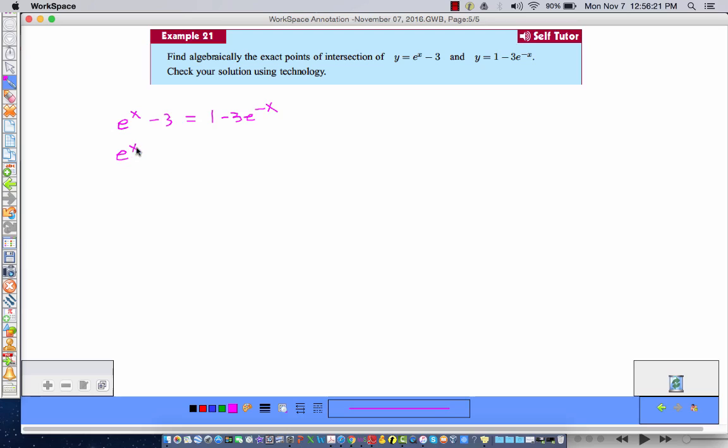So e to the x minus 3, if I add, so this is going to be plus 3e to the negative x minus 1 equals 0. Let's combine what we can. e to the x, I'm going to put plus 3e to the negative x right here. Minus 3 minus 1, minus 4, equals 0.